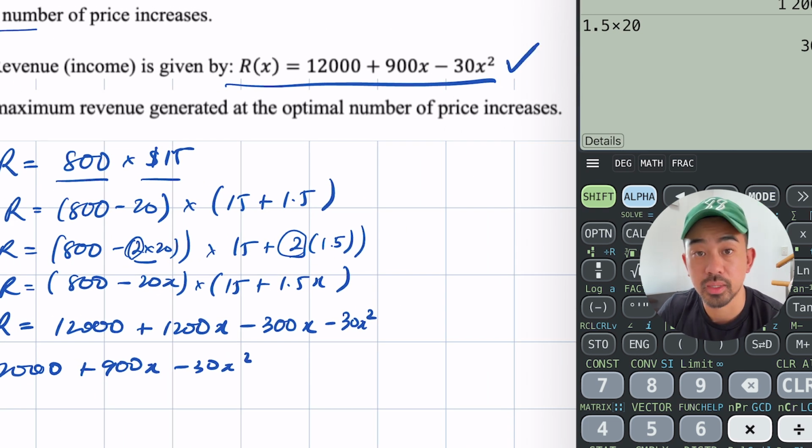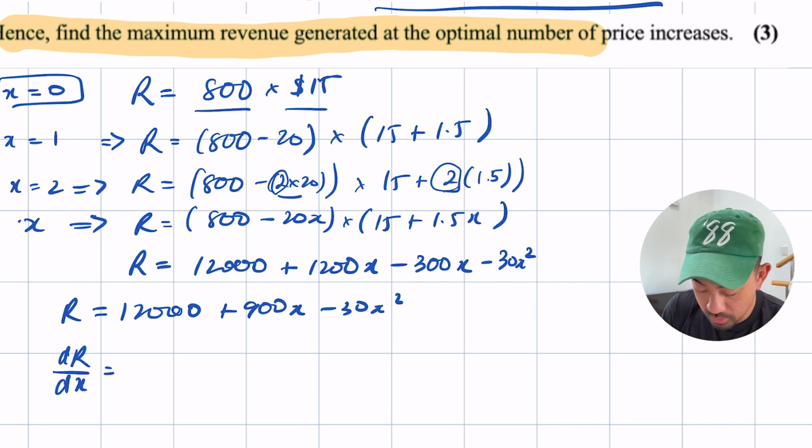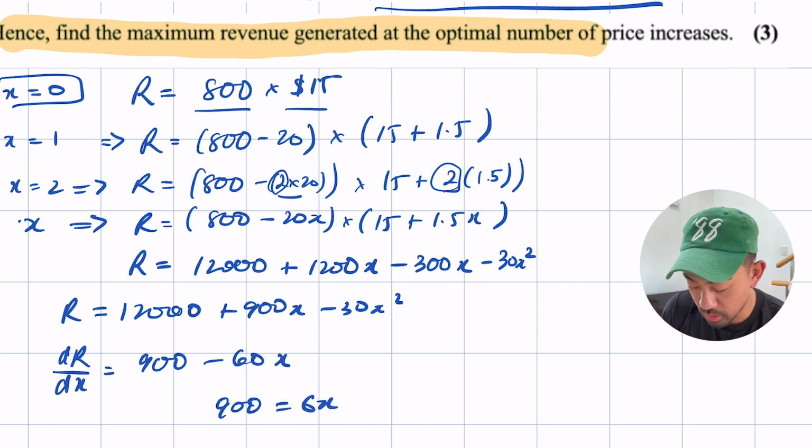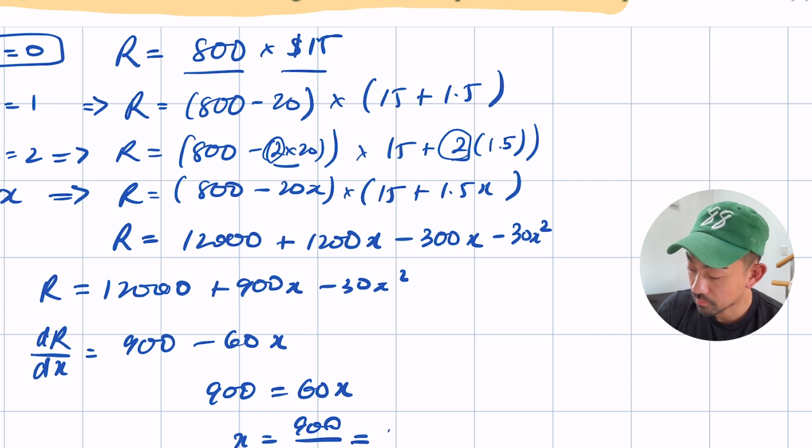Yeah. Done. Okay, then finally, hence find the maximum revenue generated at the optimal price. So for maximum revenue, we've got to differentiate dR/dx. This should be pretty straightforward differentiation. The constant goes, so 900 minus 60x. Solve this equal to 0. So x is equal to 900 over 60, which is 15.